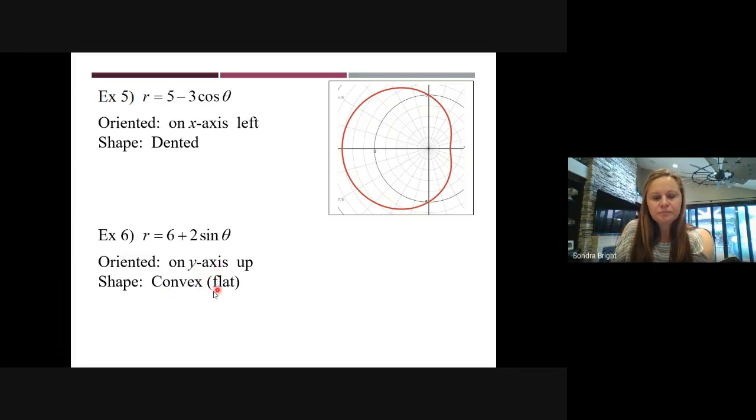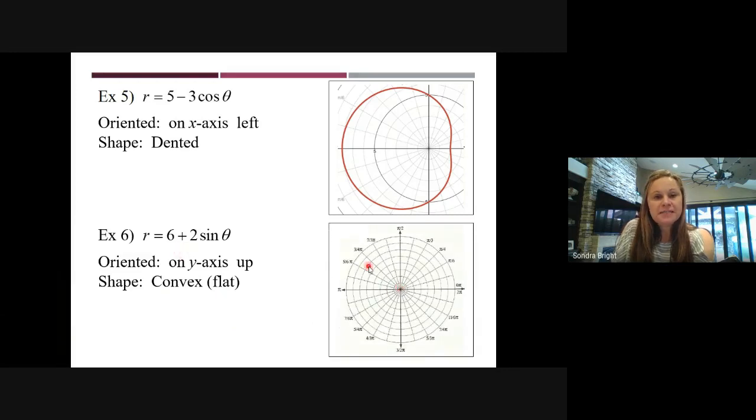All right, so again, this one does not go through the origin. Instead, what you'll do is go 6 plus 2 is 8, sine and positive, so up 8 units, put a dot. 6 minus 2 would give you 4, so go down 4 units, put a dot.